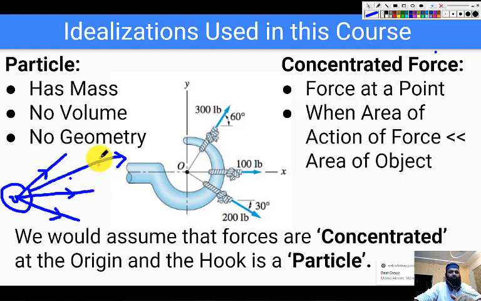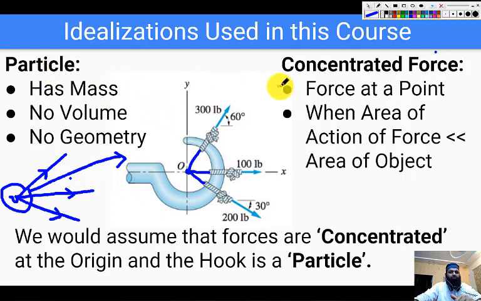But for the purpose of our problem solving, we would just assume that this hook is a particle. So all of these forces are basically applied on the same point in space. This is what I mean by a particle.